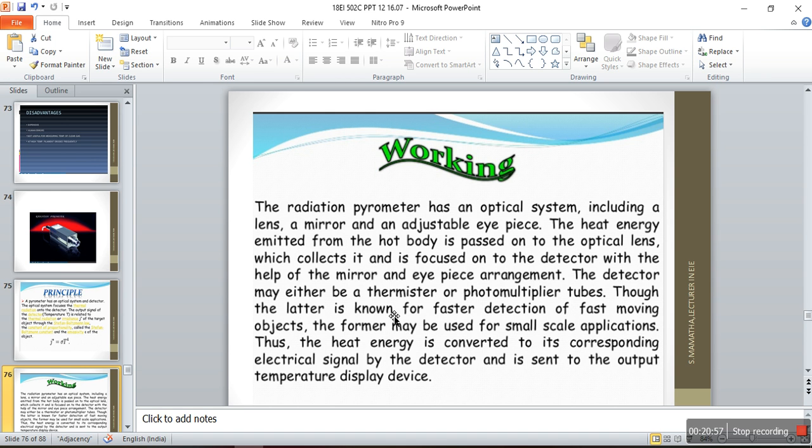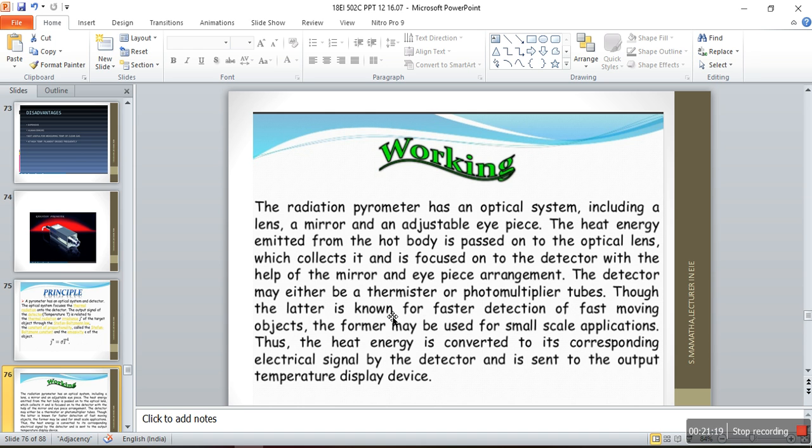These thermistors and photomultiplier tubes cannot withstand the highest temperature ranges. Pyrometers measure up to around 1700 degrees centigrade, and thermocouples, thermistors or photomultiplier tubes cannot withstand that if they are in contact.